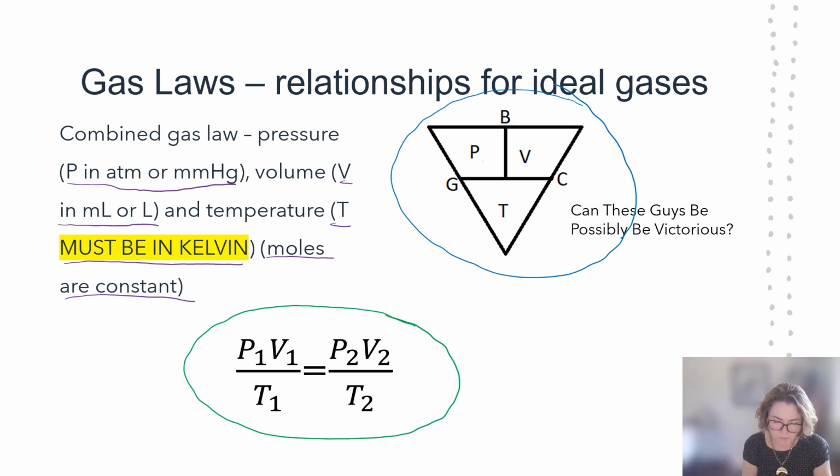We'll talk about what this means in a little bit, but you notice up here that I have a B, a C, and a G. That is going to stand for, can these guys possibly be victorious? We'll talk about in the next video exactly how to go about dealing with those particular letters. But for now, we're going to look at this inverted triangle and use this to help us remember the combined gas law is P1 V1 over T1 is equal to P2 V2 over T2.